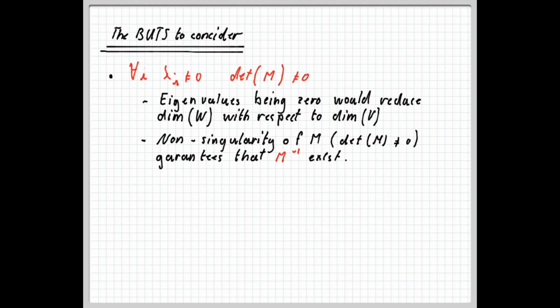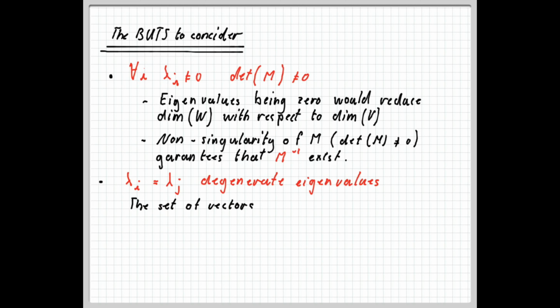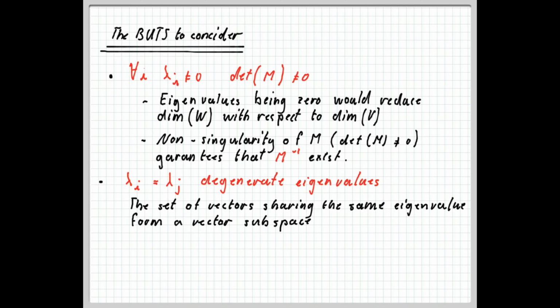The second but is what to do if eigenvalues turn out to be equal, like this. The set of basis vectors with the same eigenvalues actually span up a subspace in V. And now an extra procedure is needed to make these basis vectors form an orthogonal basis set.